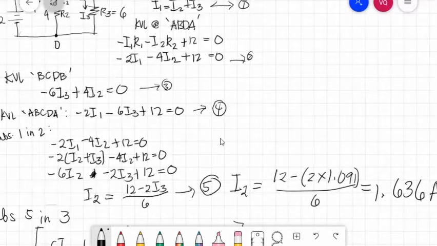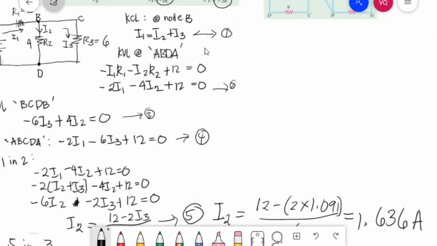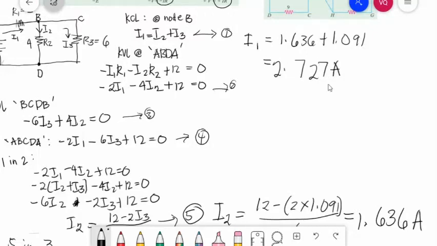Last one is your I1. We go to equation 1. I1 is equal to I2 plus I3, so 1.636 plus 1.091. I1 is equal to 2.727 amperes.